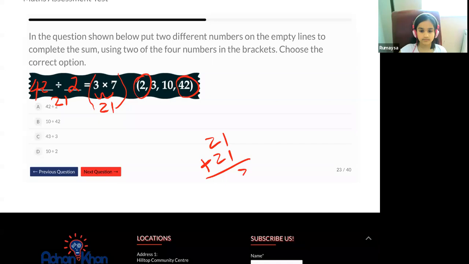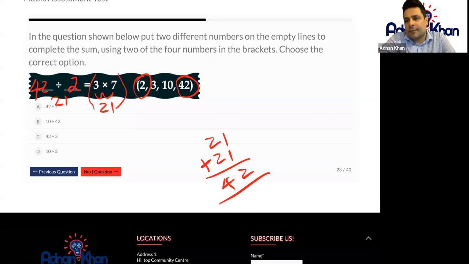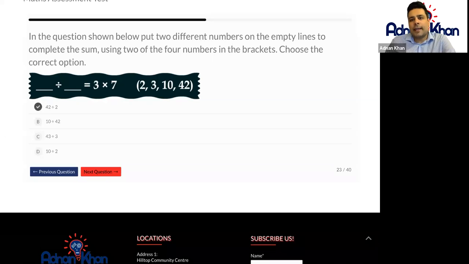What's 2 add 2? 4. So yeah, it works, right? So 42 divided by 2. So how many times can 2 go into 42? 21 times. So in this case, 42 divided by 2 with the two missing links that we had here, we'll go for option A.